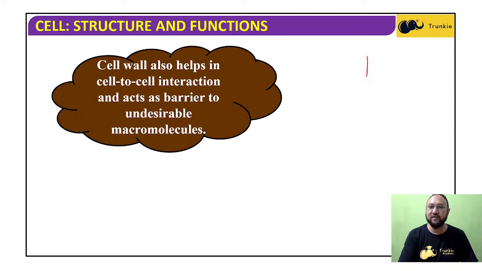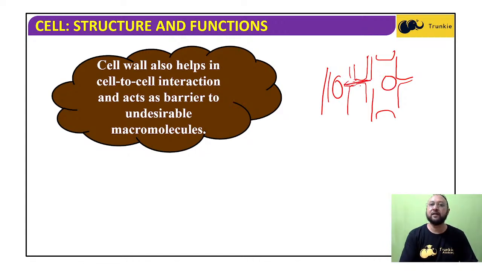Like for example, if this is the cell wall, this will continue, there will be a continuation, and then there is another cell. We will have the communications. So there is a communication, and this is called the plasmodesmata, the connecting link.